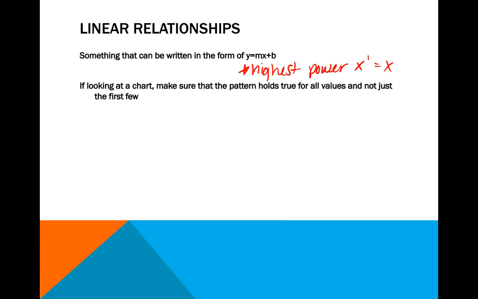If you're looking at a chart to see whether or not something's a linear relationship, you want to make sure that it holds true for all of the values in the chart and not just the first few. So for example, maybe you see your x values and your y values. You've got 2, 4, 6, 8, you're counting by twos over here, and then over here you've got 0, 5, 10, 15. So for every 2 unit increase for x, you're increasing by 5 for y.